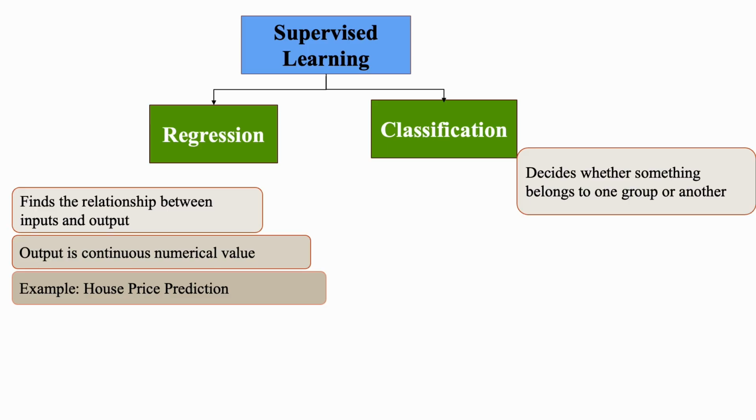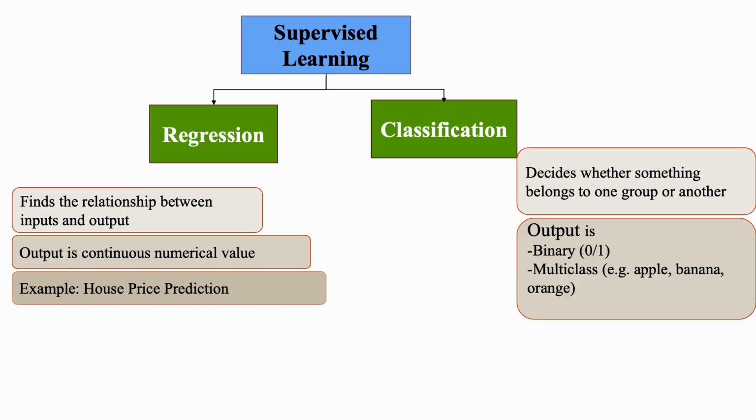When it comes to classification, it decides whether something belongs to this group or that group. Its kind of output is binary, either true or false, or either 0 or 1, or also multi-class classification. So if you have three groups, whether this particular image belongs to the apple group, banana group, or orange group, like that.